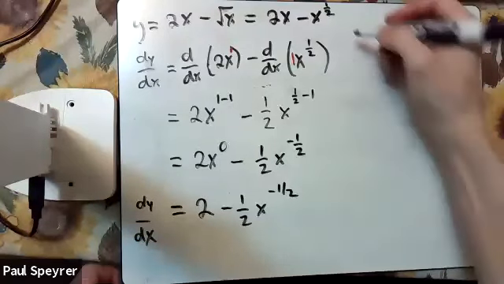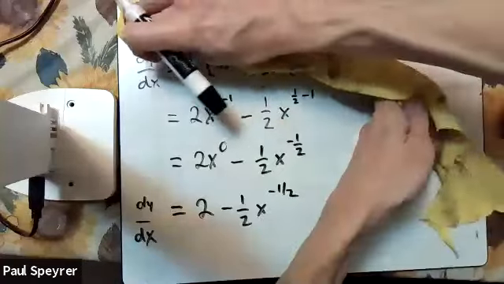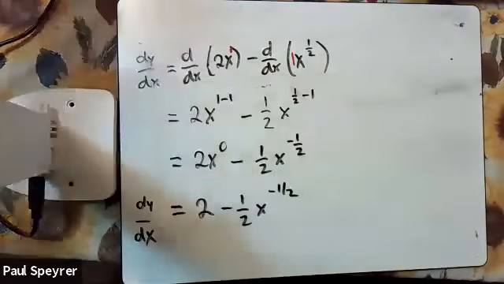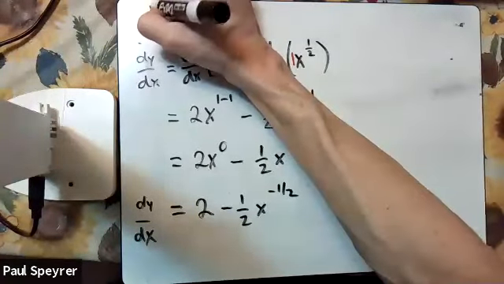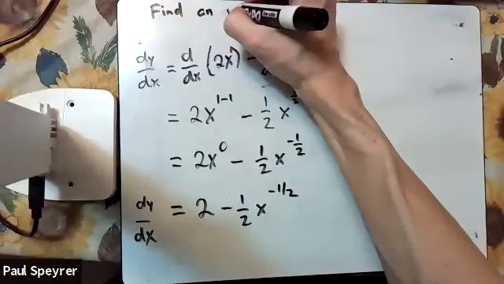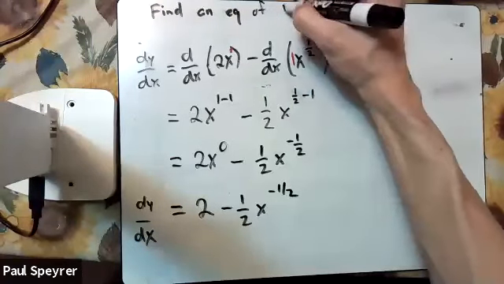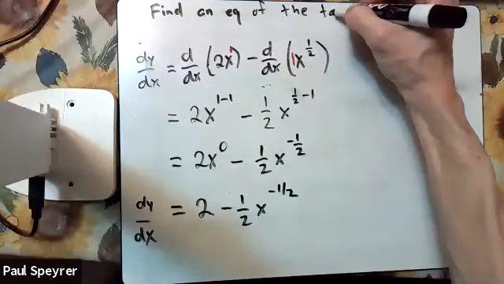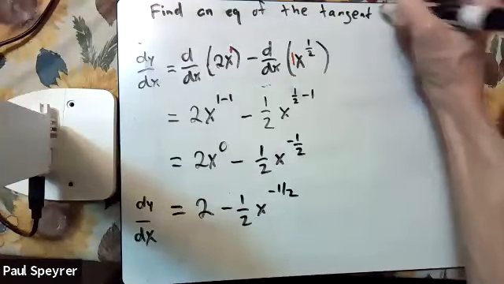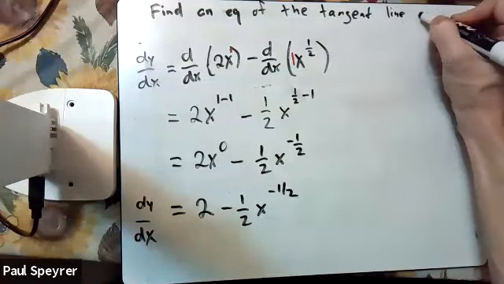All right, so now let's try this. We want to find an equation of the tangent line at the point.